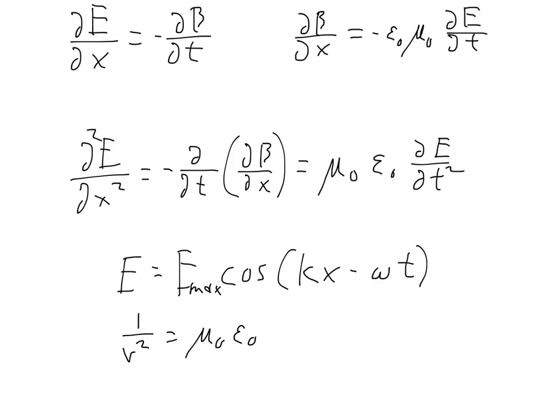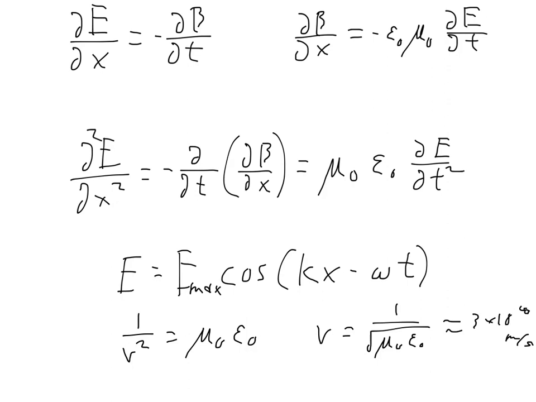So we might wonder, all right, what should that velocity be? It's supposed to be 1 over the square root of mu naught epsilon naught. And if you go ahead, plug in those constants and see what you get, you end up getting a number around 3 times 10 to the 8th meters per second. In other words, the speed of light.